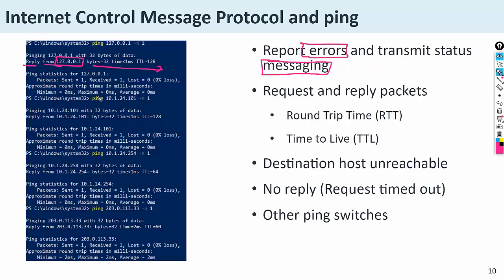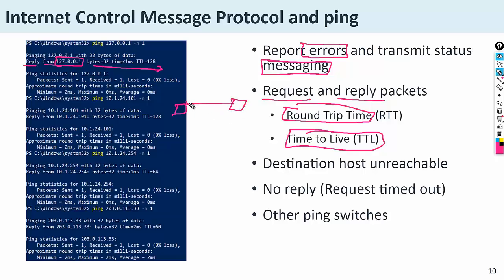There are two values used in a request and reply. This is called round trip time, RTT, or the TTL. RTT means the total time taken to complete the trip, meaning the packet reaches the destination and you get the reply. So this is the complete trip, and the time it takes is called RTT.